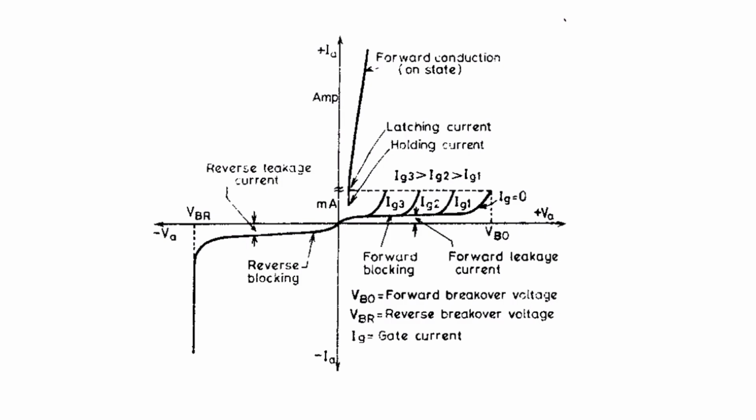Okay, so for proper turning on of the thyristor, the forward current of the thyristor should go beyond the latching current value. Okay, similarly, during the turn off process of the thyristor, current should go below the holding current value to reach a properly turned off state.